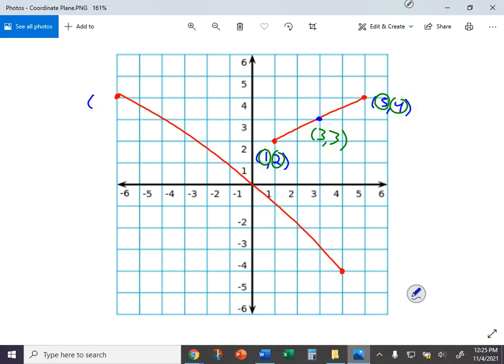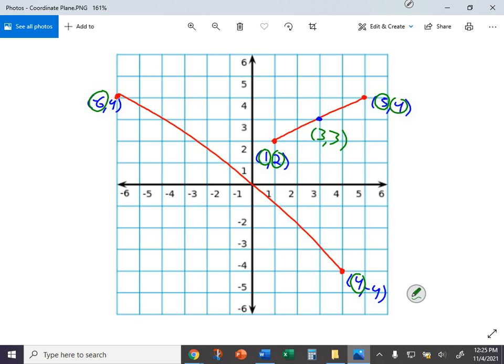Let's use Sydney's idea here instead, where we've got our ordered pairs -6, 4, and down here we've got 4, -4. Take a look at our x values. What's in between -6 and 4?